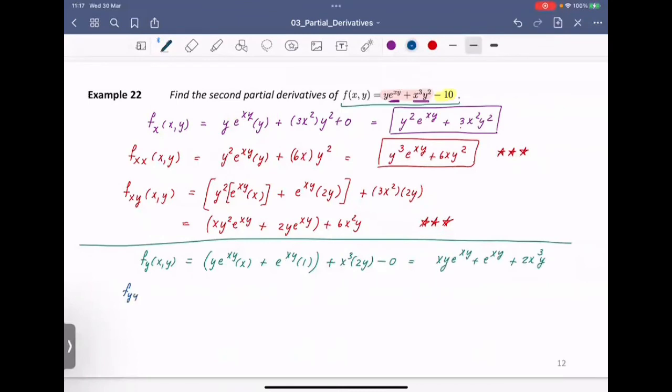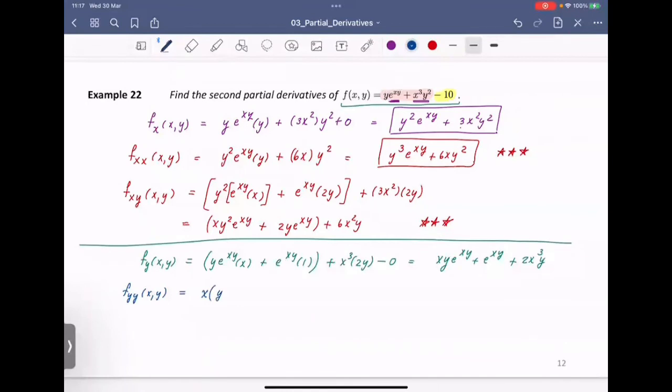Well, fyy first, okay, everyone. Differentiate with respect to y one more time. So this is going to be, you have to use the product rule again for the first term. Keep x here, keep it here because this is a constant. So here y e to the xy, you can take a derivative by using the product rule.